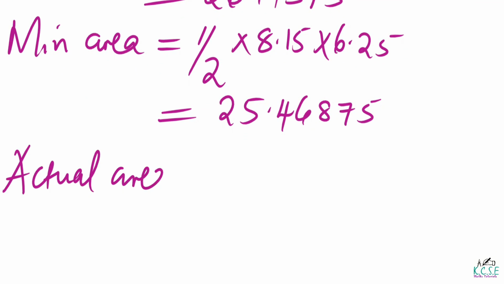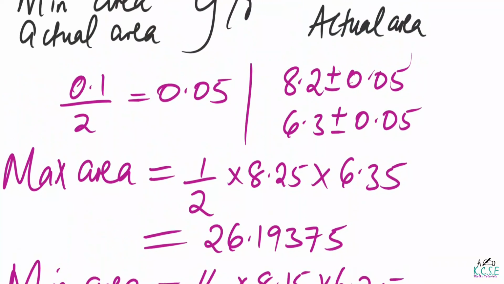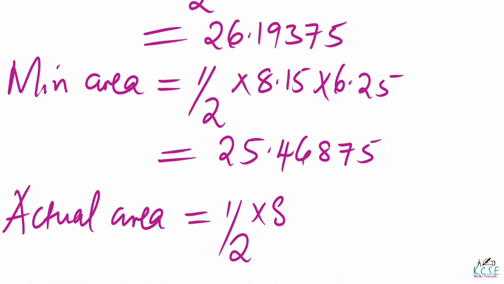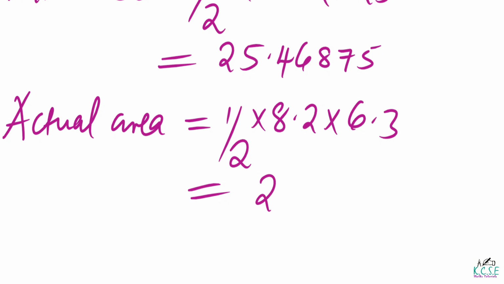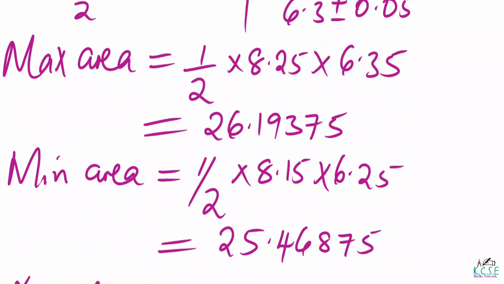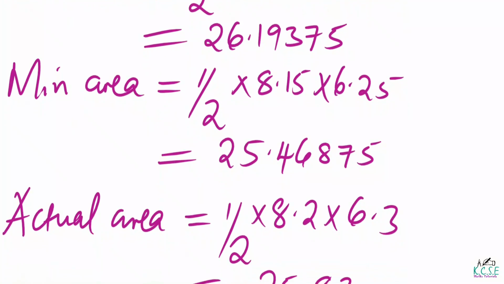The actual area is the one you obtain by using the raw data without adding this error of 0.05. So it will be a half times the base. The actual base is 8.2 and the height is 6.3. So this is how we obtain the actual area, and this gives 25.83. Having these three, now we have the maximum area, the minimum area, and the actual area.